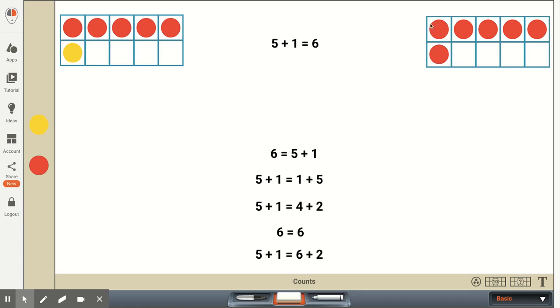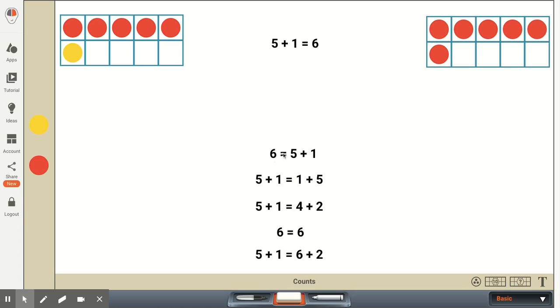And on the right side, we have 6 red counters. So what we're showing is that the value on the left side is the same as the value on the right side. In other words, they are equal to, they are the same as, it is the same value. And that's what we want students to understand.